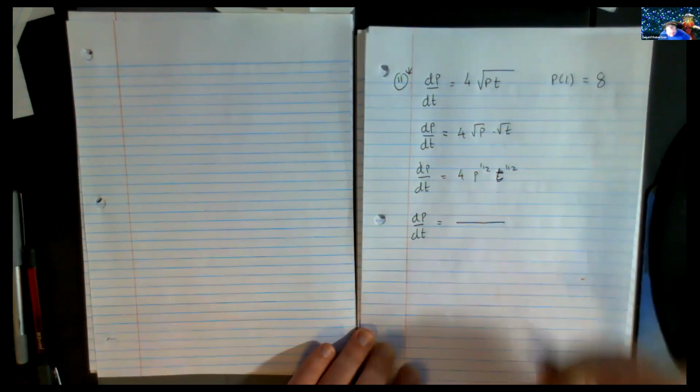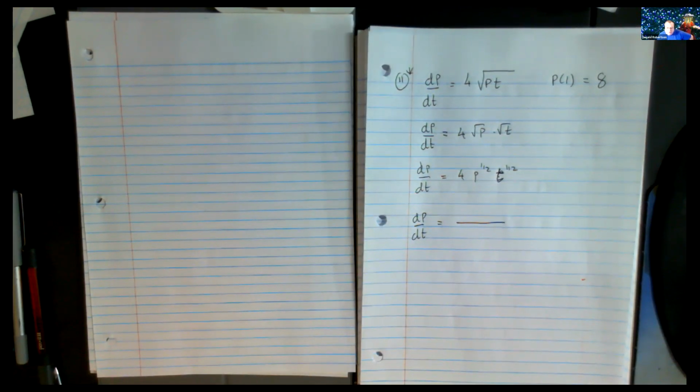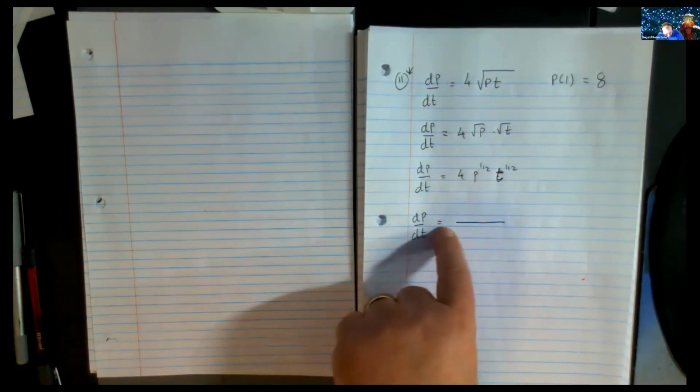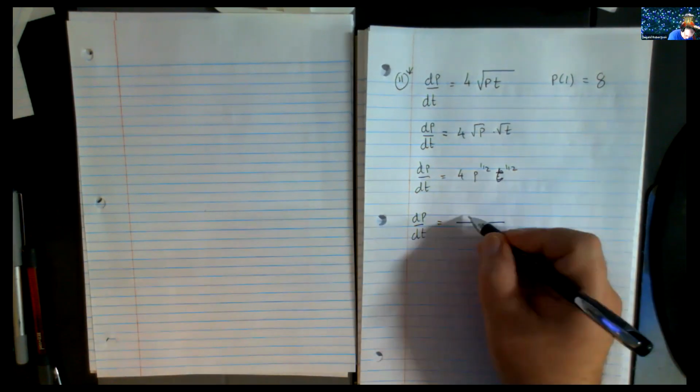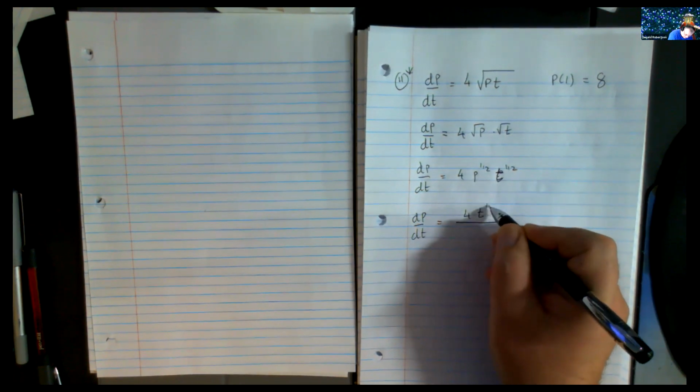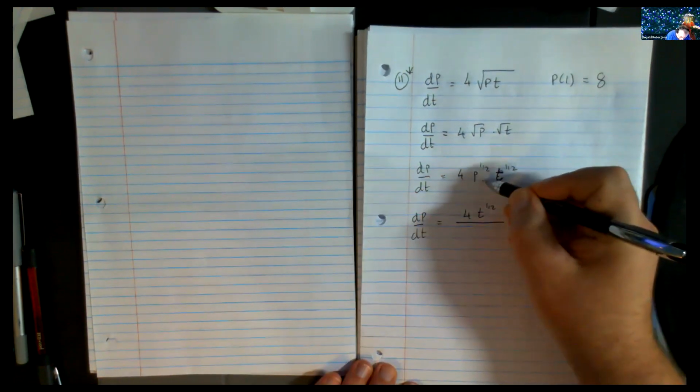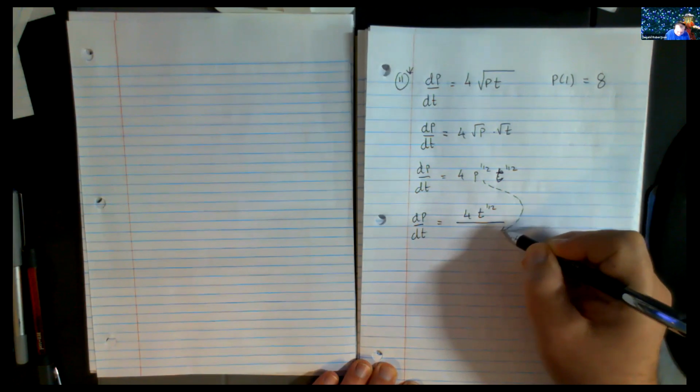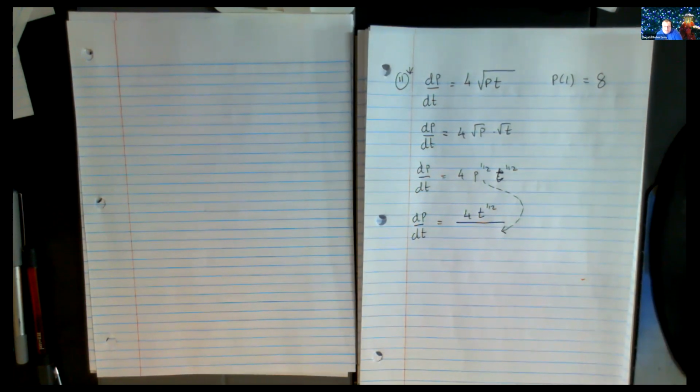And now we should be able to, with a little bit of extra work, convert that into a fraction where t's go on the top and p's go on the bottom. And that p to the half is going to go on the bottom, isn't it? The denominator. And what does it become? P to the negative half.